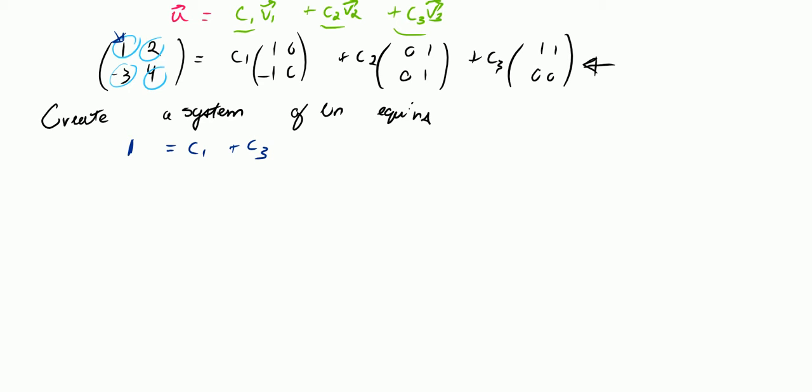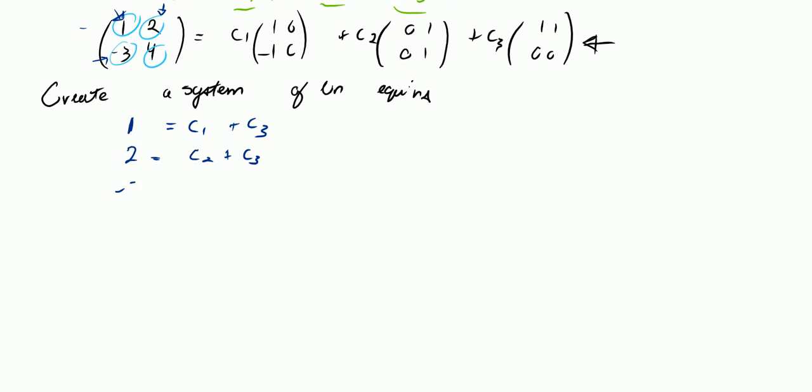My second entry, the 1,2 entry, is 2 equals 0 plus c2 plus c3. My third entry, the 2,1 entry, is minus 3 equals minus c1, and that's it. And then my last entry is 4 equals c2, and that's also it.